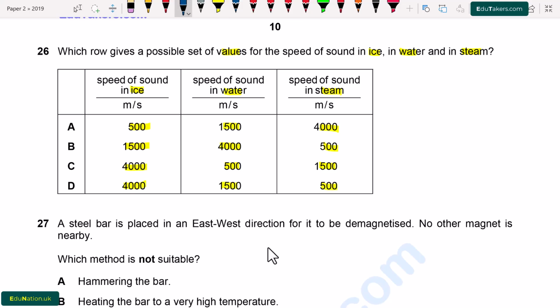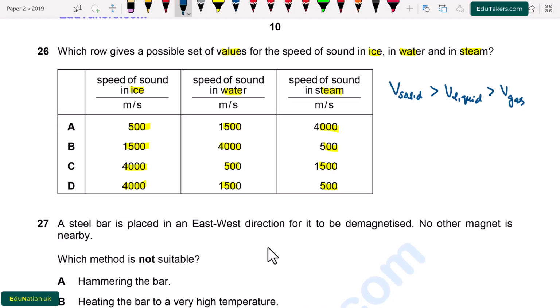We know that the speed of sound is largest in the solid, and then the speed of sound is larger in the liquid as compared to gas. So the speed of sound in the gas is smaller as compared to solid and liquid. Now we see the options.